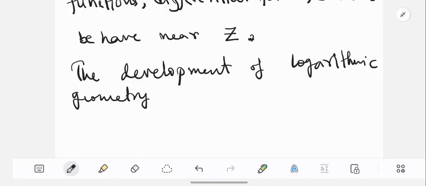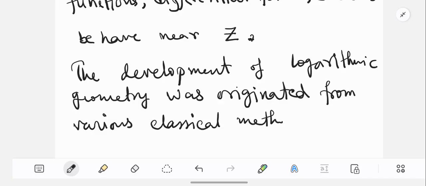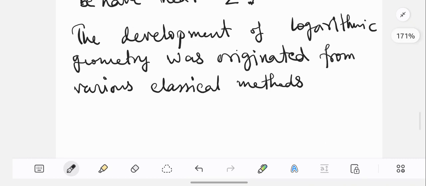There were many classical methods to deal with such problems. This originated from various classical methods which were known earlier.